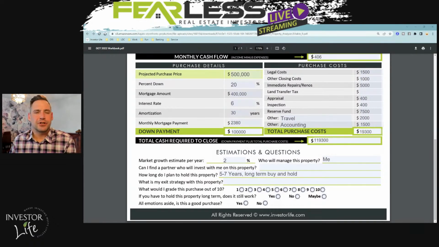Now, if that's our exit strategy and we're only going to be able to sell it to investors, the pool of potential buyers is significantly less than if we opened it up to the entire market. So that's why we need to have a planned out exit strategy at the very beginning, because we may not be able to sell it for as much as we had hoped to.